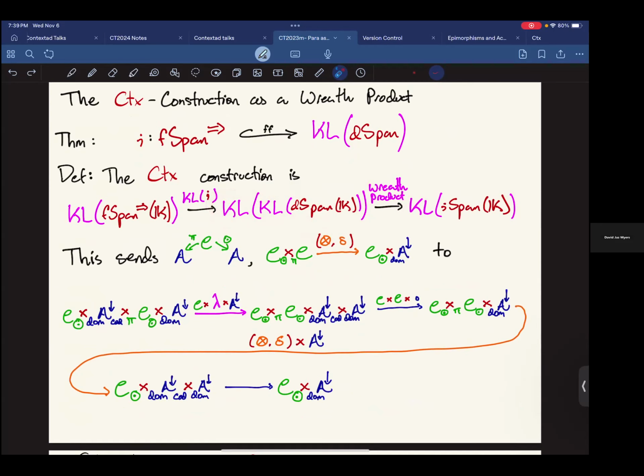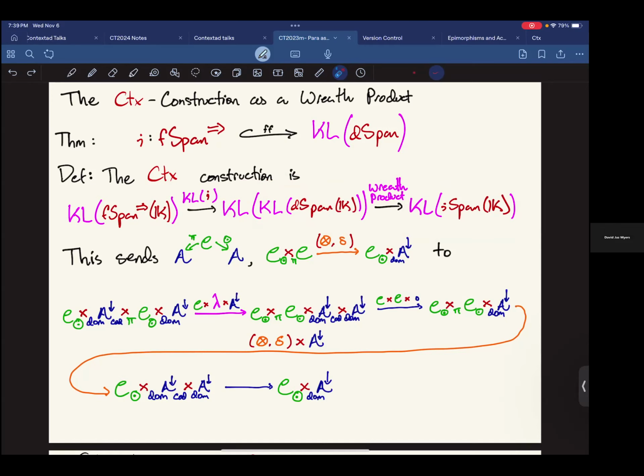So we extend the identity and we get this sort of monadic composition of Kleisli, and that's called the wreath product. And this is going back to Lack and Street again. And so now, if we just run out what the wreath product says to do from Lack and Street, we find that it actually produces the CTX construction.